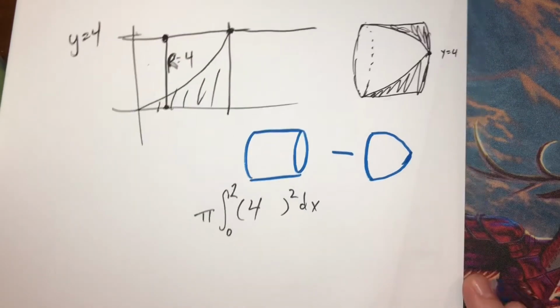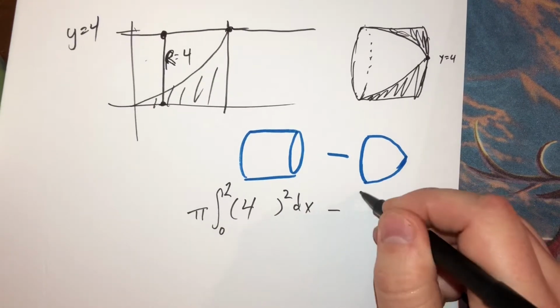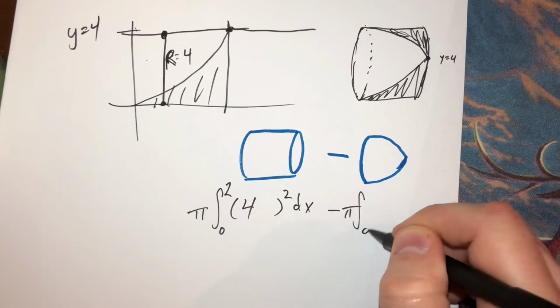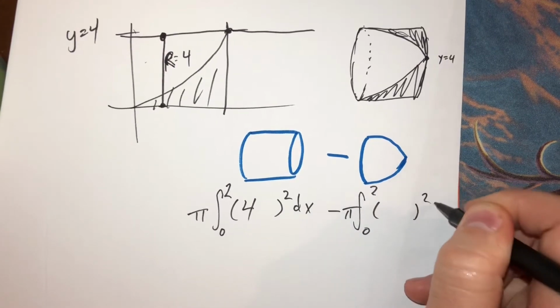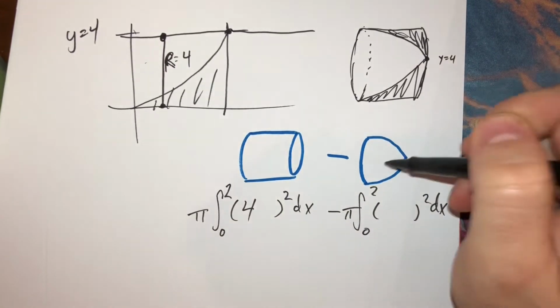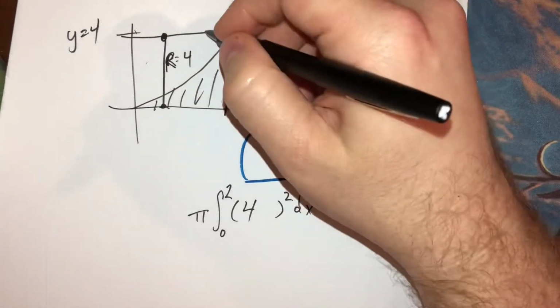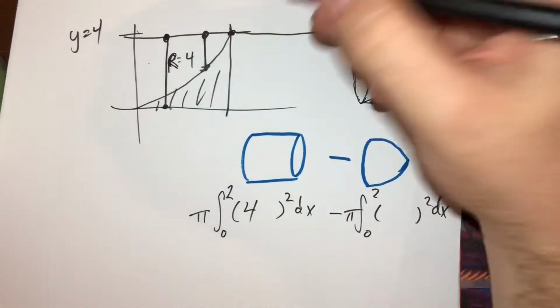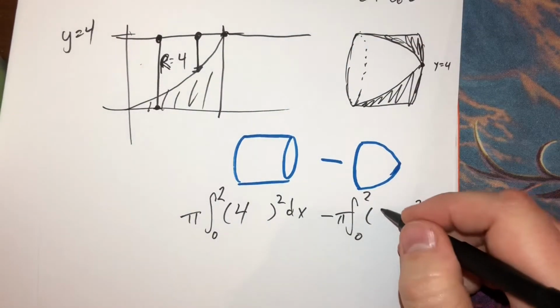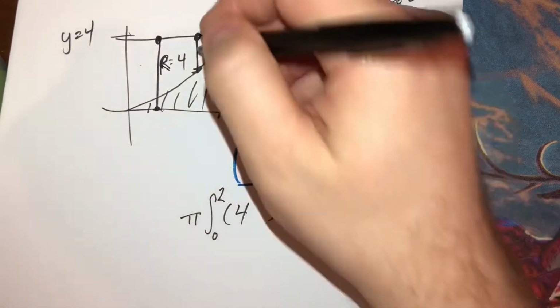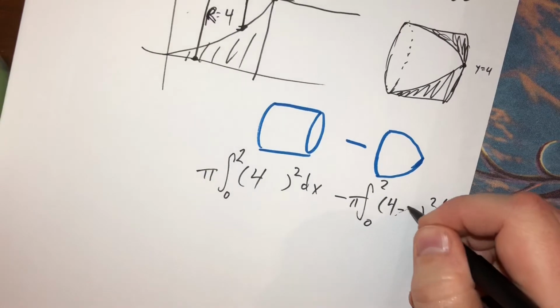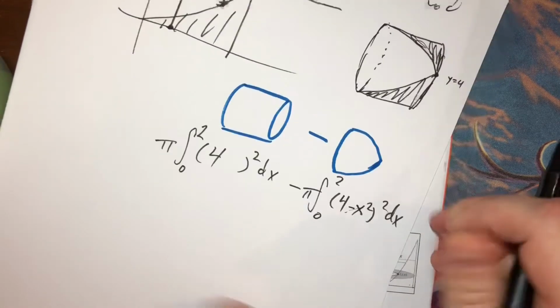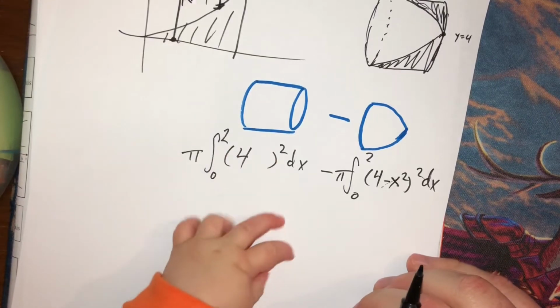And then we'll take away our other one, still going from 0 to 2. We just have to find the radius of this one, and the radius of this one is going from our axis down to our curve. So in this case, our radius is 4 minus our curve, which was x squared. So Maeve's trying to point something out though.